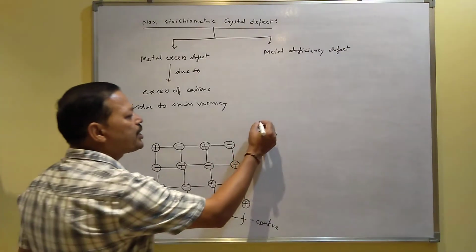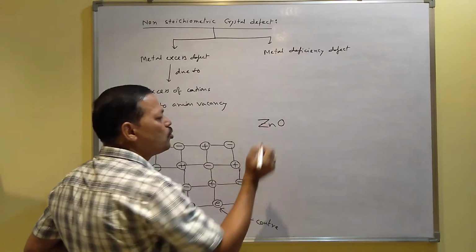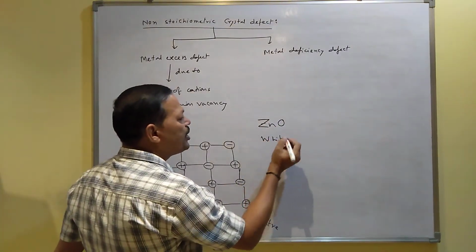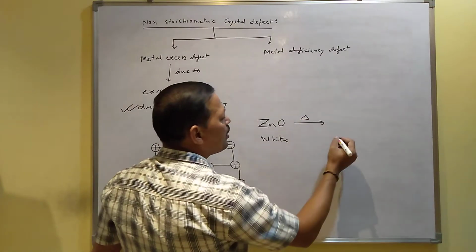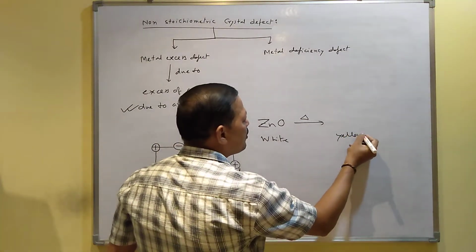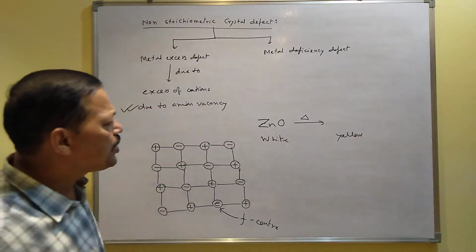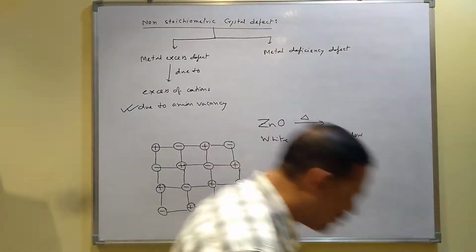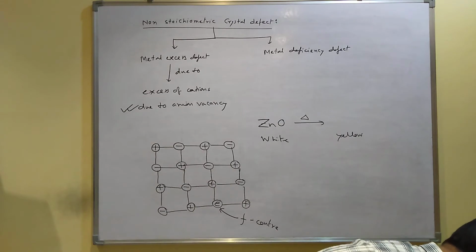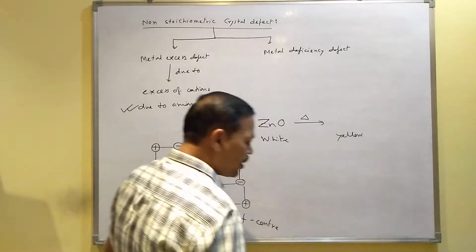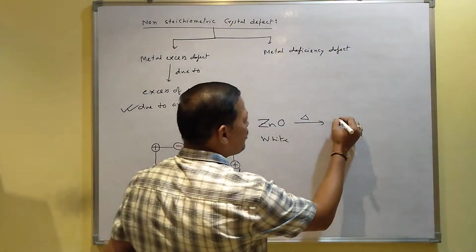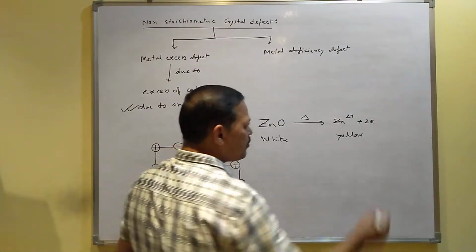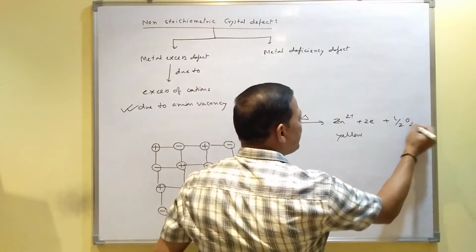You know zinc oxide is white in color, but when you heat it, then it will convert to yellow color. Why? Because when you heat zinc oxide, decomposition will take place and it will convert to Zn2+ ion by loss of 2 electrons, and oxygen will be released.